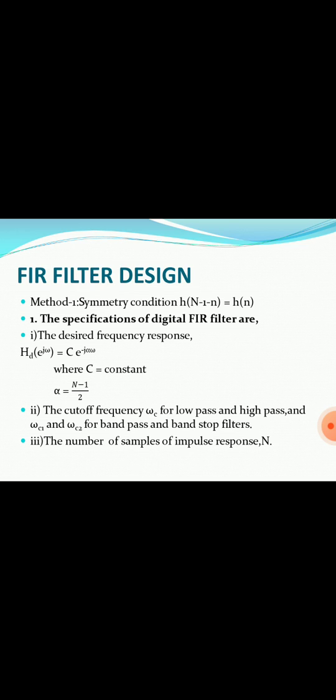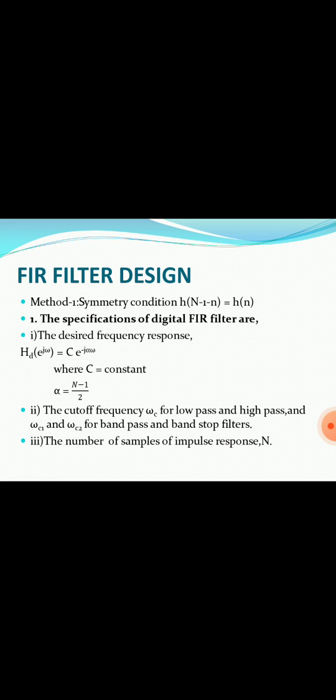First, we have to specify the specifications of the digital FIR filter. First we have to calculate the desired frequency response, that will be HD of e power j omega. It will be represented by C into e power minus j omega alpha, where C is the constant and alpha is represented by (N minus 1) by 2.